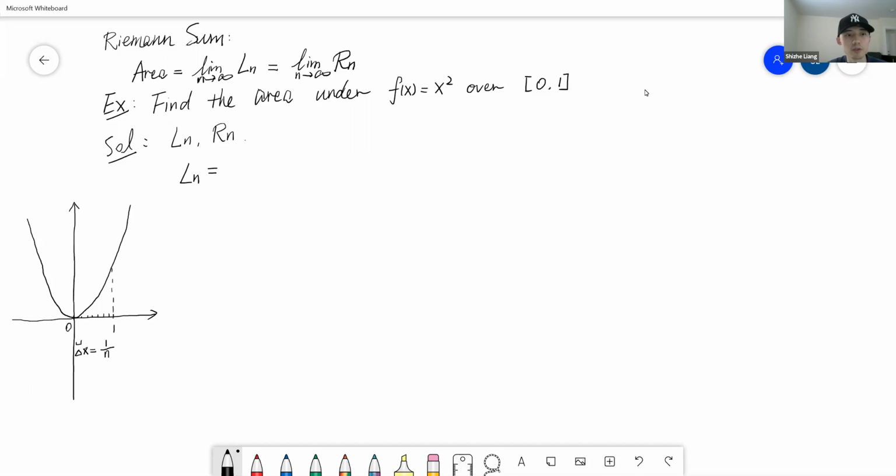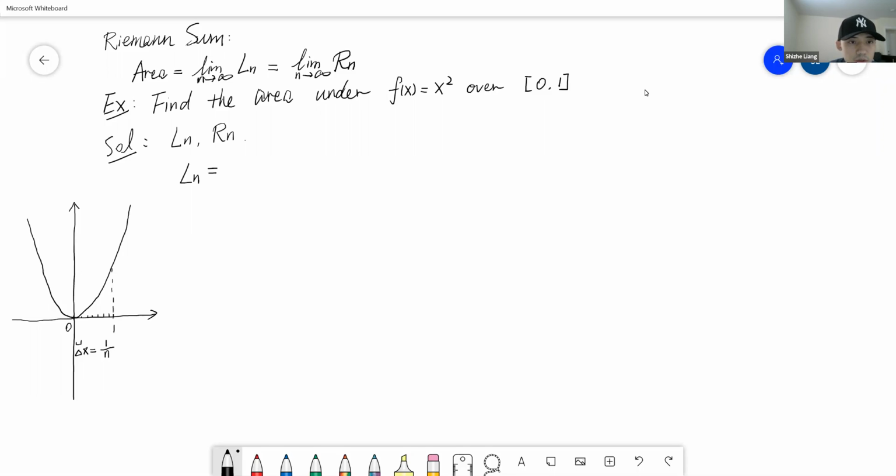So the total length is 1, and we're subdividing this into n pieces, so each piece has length 1 over n. Okay, so what's the left approximation using n rectangles with the left endpoint?